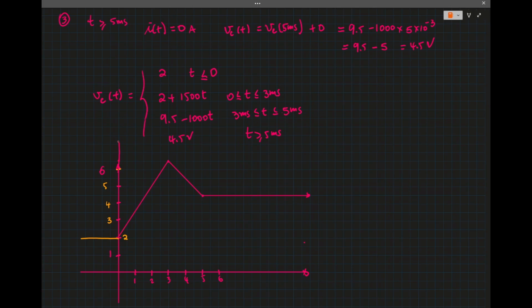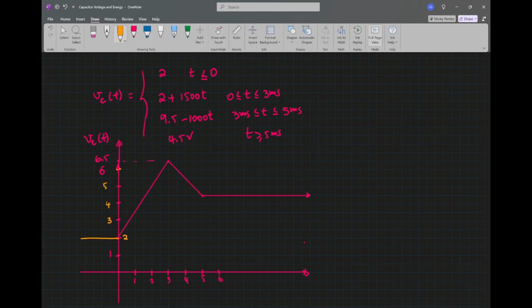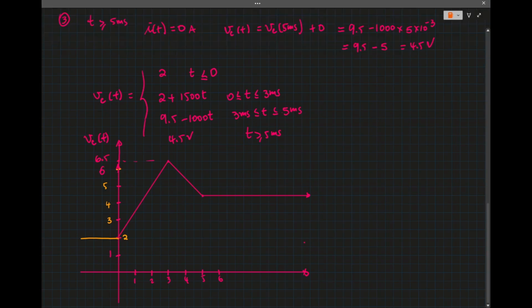Okay, so that's the voltage across the capacitor over time.